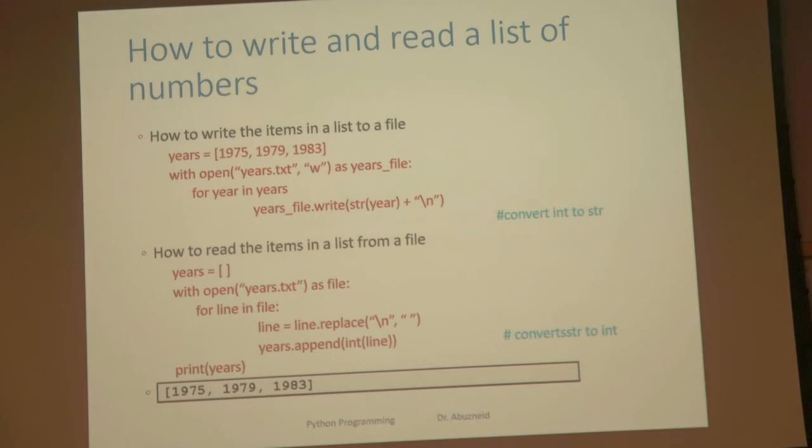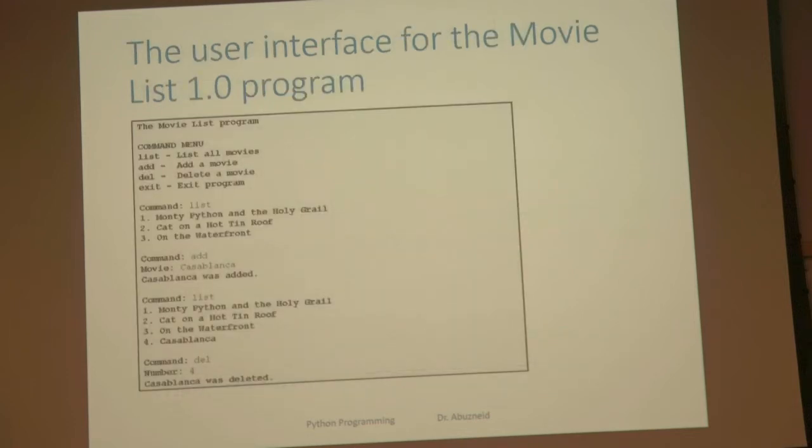How to write and read a list. Okay, so in here, numbers, the same thing. What is the difference in here? Only numbers. Okay, so just follow through it. This is a program I need you to follow. It's like what we did before.